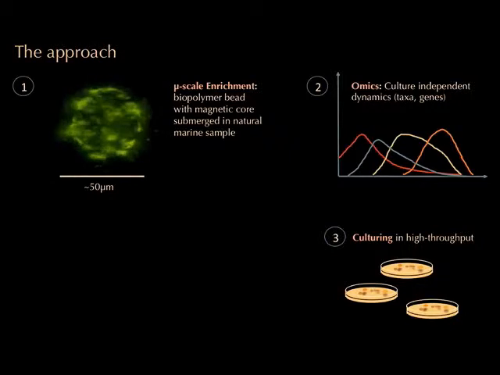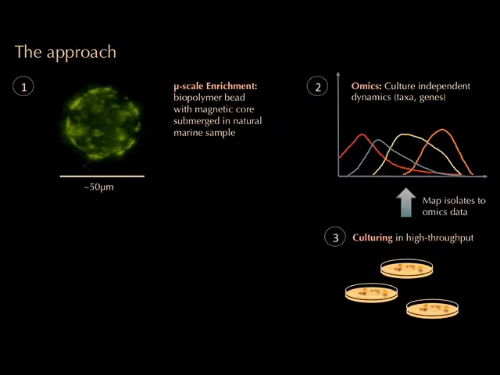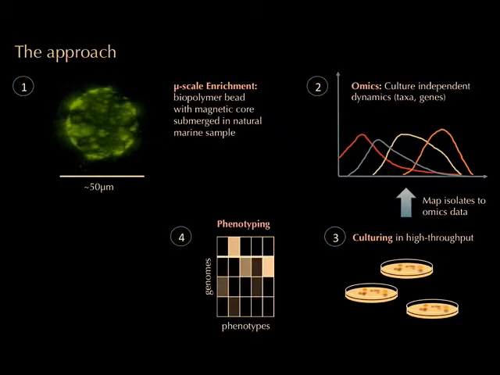So we get many of the taxa that we see in the culture-independent data in culture, which is great, because then we can map the reads to the isolate, so we can see what the dynamics were for each isolate. We can do phenotyping, see what they eat. Do they secrete the enzymes? Do they swim? Things like that. And we can relate that to the assembly process.